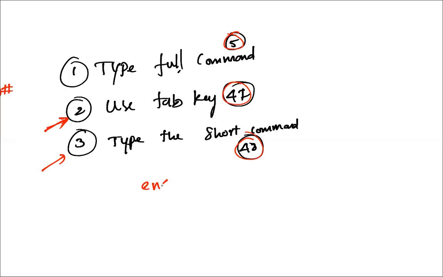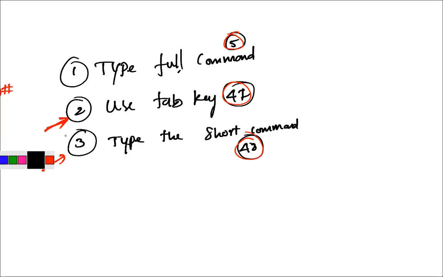But when you give en and then the tab key, what happens? You always see the remaining characters. So you know that en stands for enable because you press the tab key and you see the complete command enable. So in that case, I would say that option 2 is better. But option 3 is also nice.